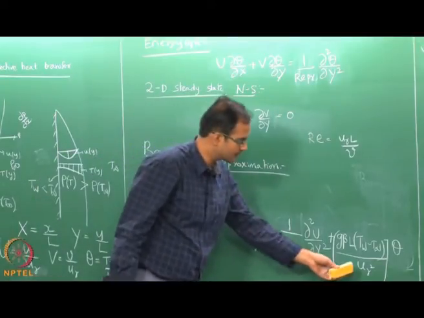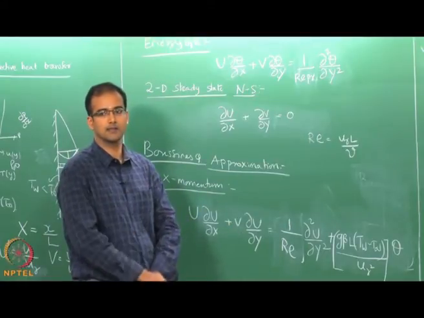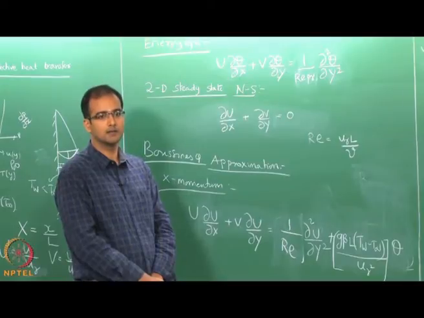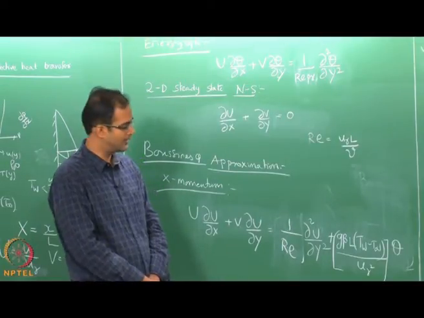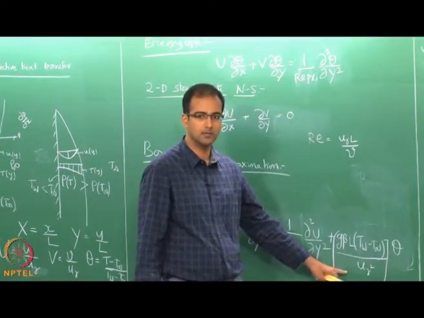Now, what about this? Now, you have an additional non-dimensional group. If you see this as no units, what is the unit of beta? Kelvin inverse. Okay. So, this entire thing will be again a non-dimensional group.